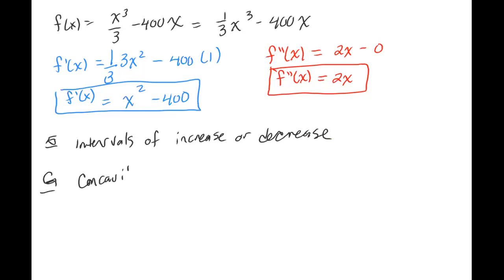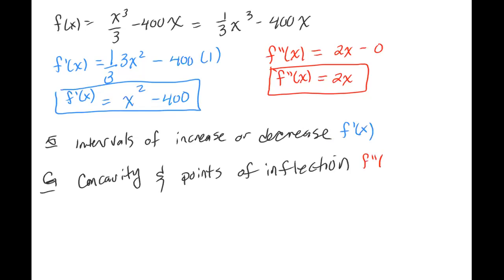Concavity and points of inflection. Part E uses f prime. Part G uses f double prime. But they're very similar in nature, so I'm going to do them at the same time.